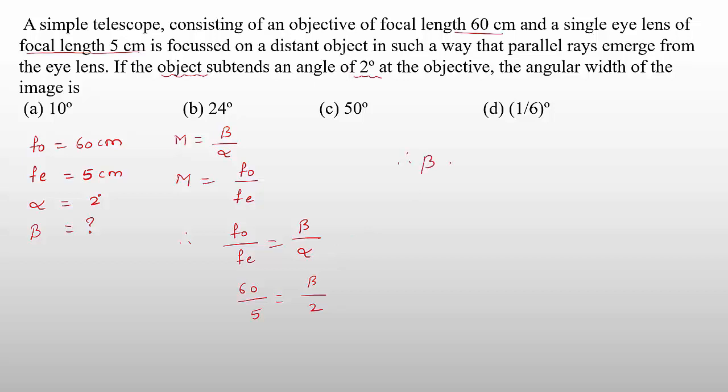Therefore, beta equal to 60 by 5 into 2. So we will get beta equal to 24 degree. This is the visual angle subtended by image at the eye. So B equal to 24 degree, option B is right.